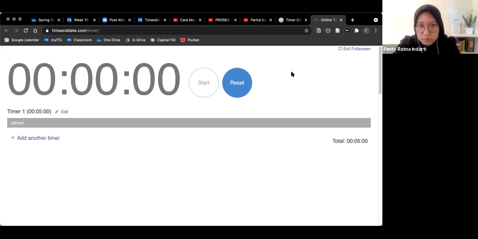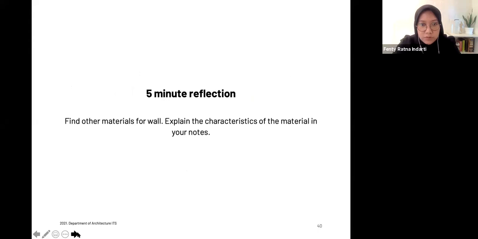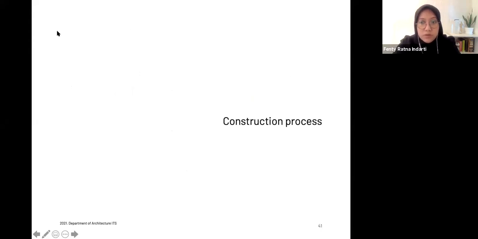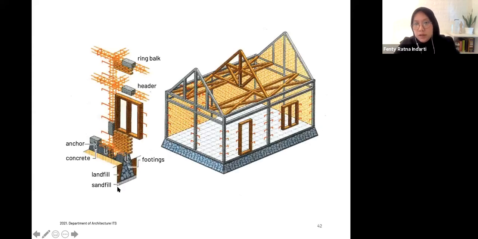Let's go back to the next topic, which is the construction process of walls. This is where you can identify whether a wall can be called a load-bearing wall or a non-load-bearing wall. As a general overview, you have this type of arrangement for the wall.